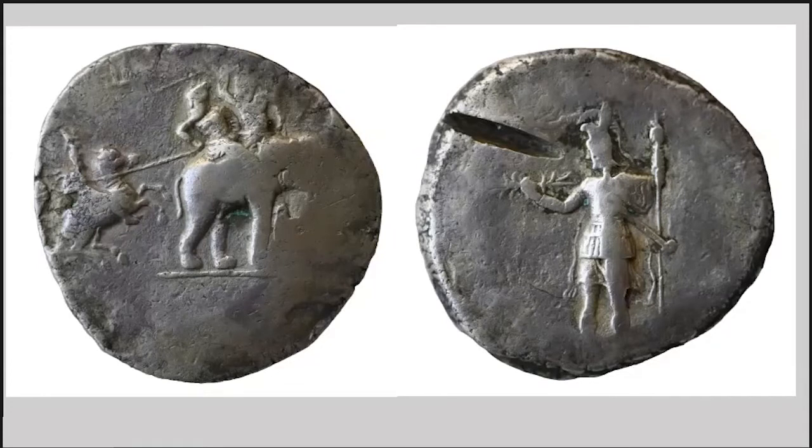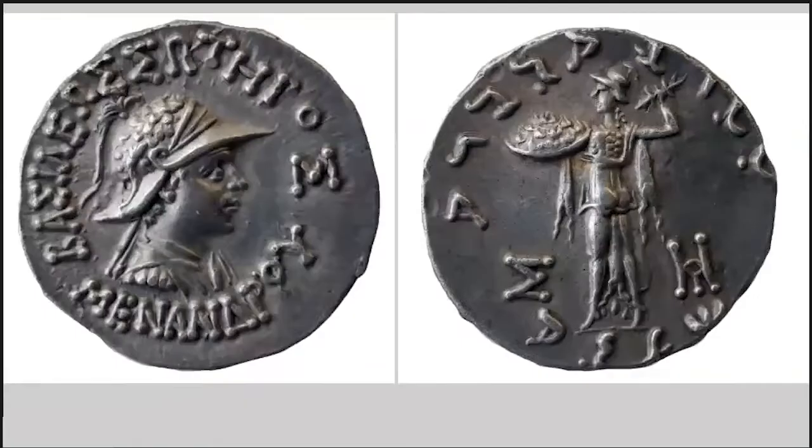So the second coin is of Menander, and these are what we call bilingual coins. The Greek rulers who were in Gandhara and also other regions like Arachosia issued what we call bilingual coinage. On the obverse, you can see the portrait of the king, so it should be the king we call Menander.